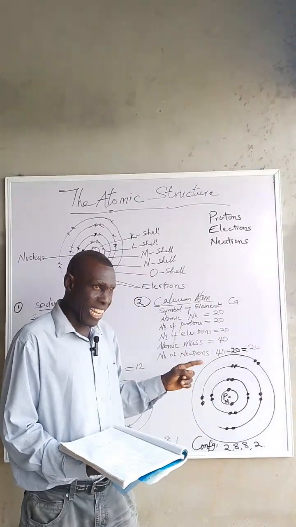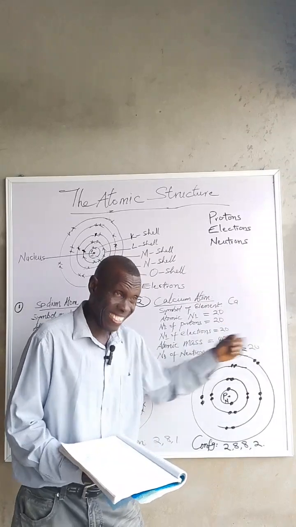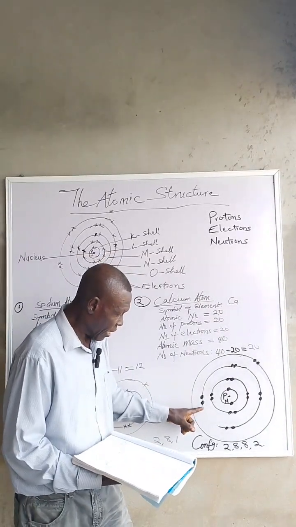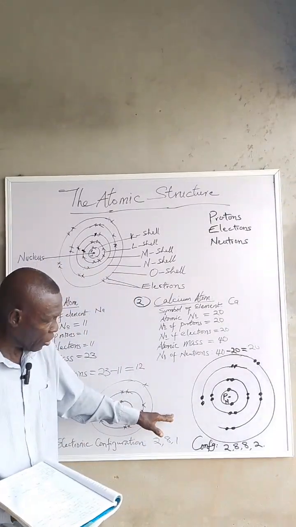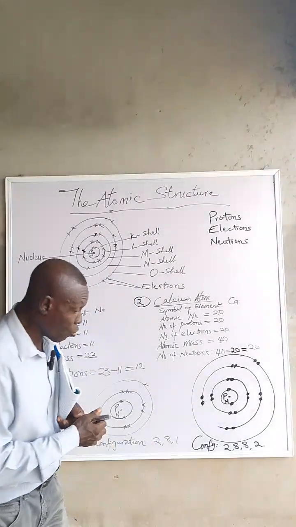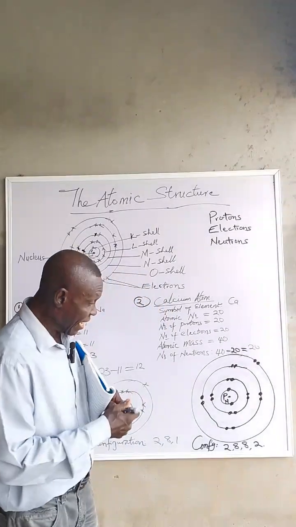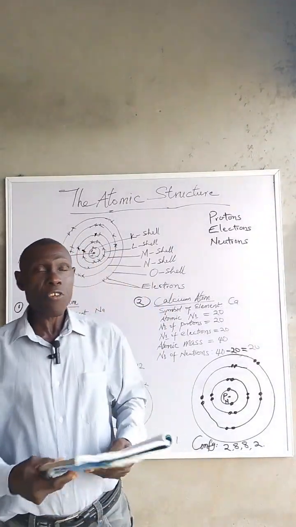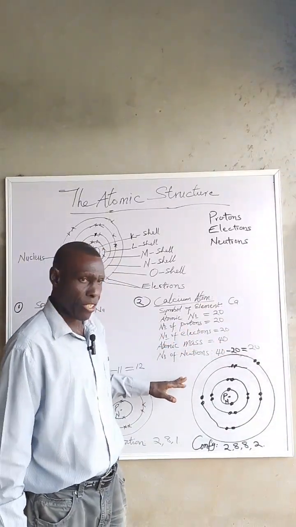The third shell cannot contain more than 8 here because the number of electrons left is less than 18. So you take another 8 and then we have 2. So the configuration of this is now 2, 8, 8, 2.